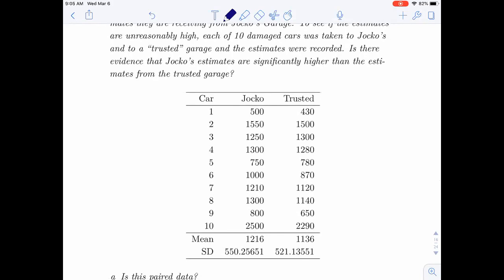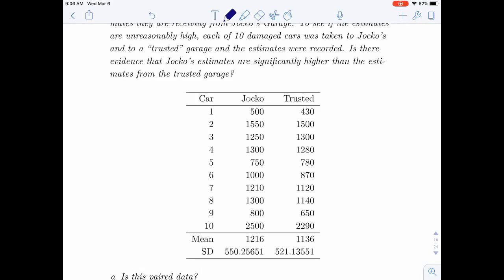Is there evidence that Jocko's estimates are significantly higher than the estimates from the trusted garage? If we want a one-sided test for paired data, it's actually a little bit trickier than for just one sample, right? Because our hypothesis is about the difference, the mean of the differences, and how it relates to zero.